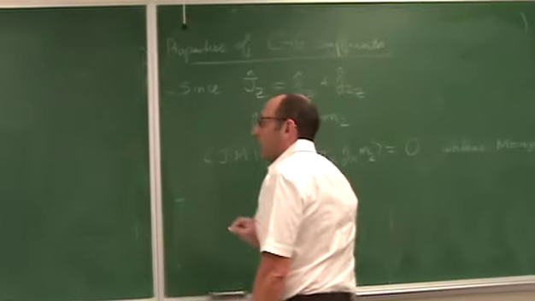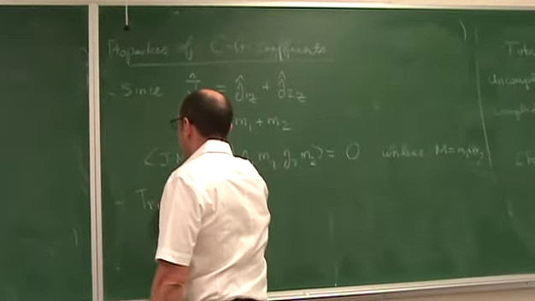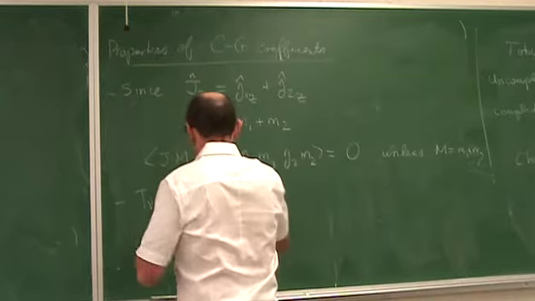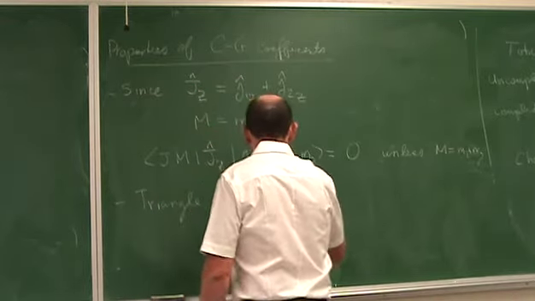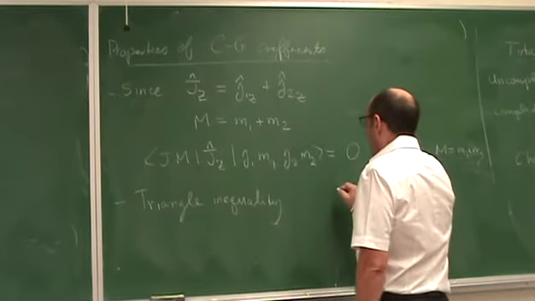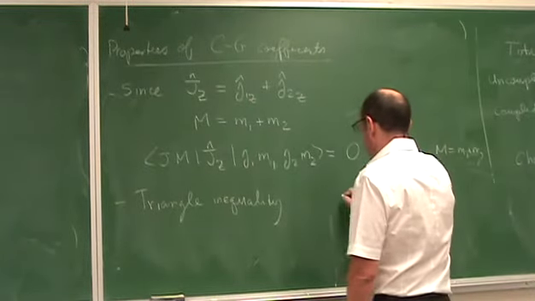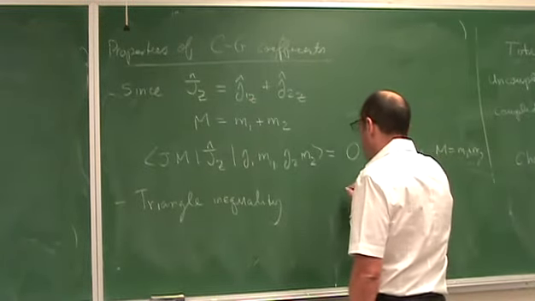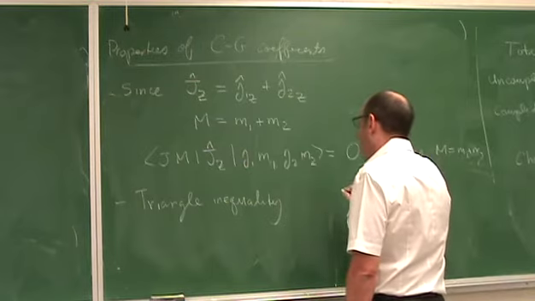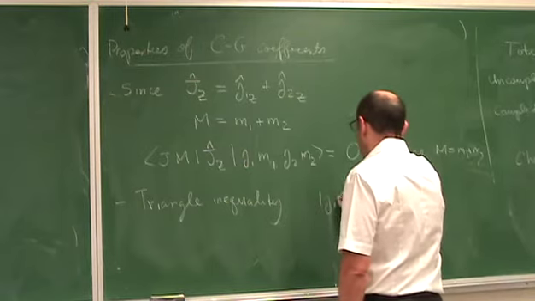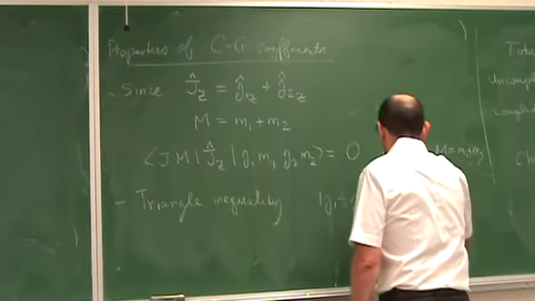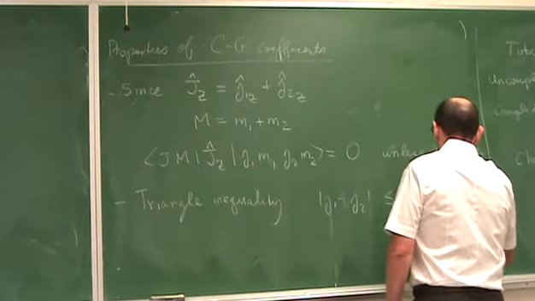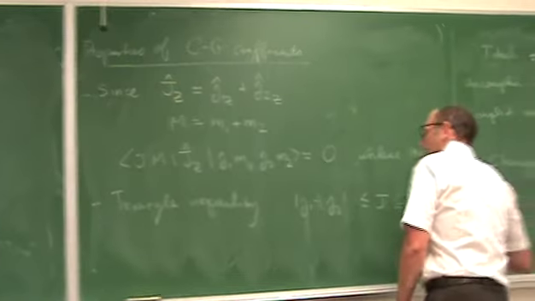What else can we say? Well, we have what's called the triangle inequality, which was related to the fact that the magnitude of J for the sum was between the difference and the sum.